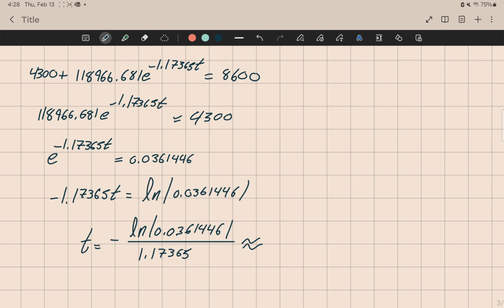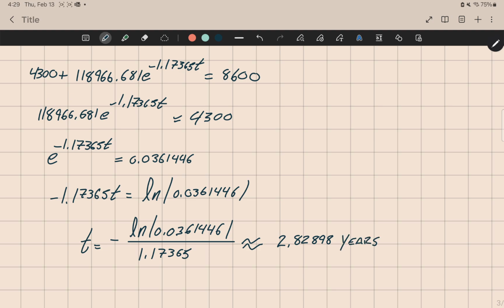So just going to crunch this really quick. Get the natural log of 0.0361446 divided by 1.17365, and our negatives cancel, and we end up with 2.8289 years.